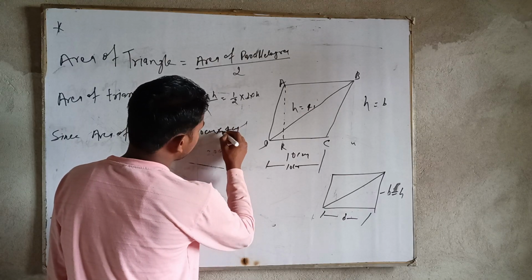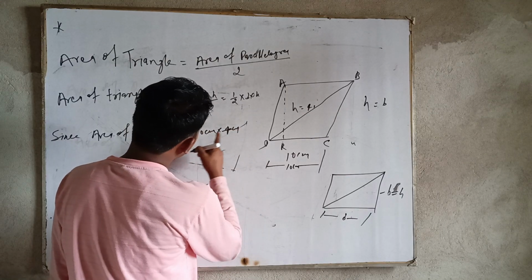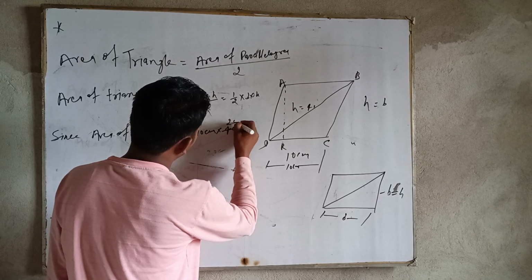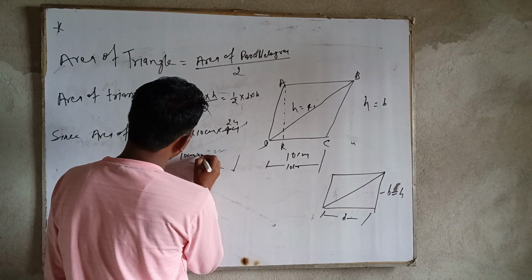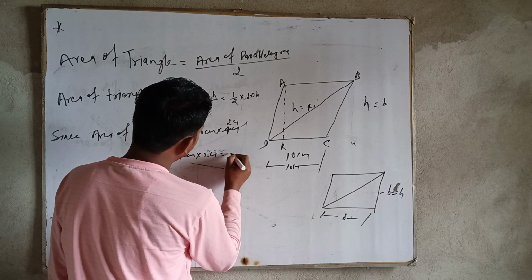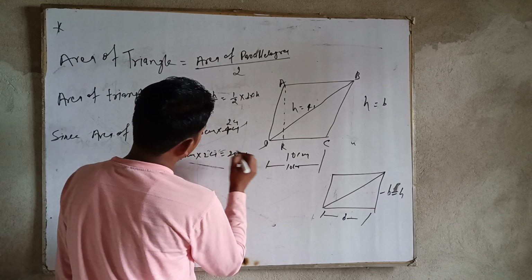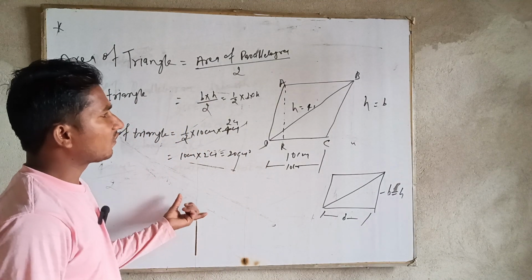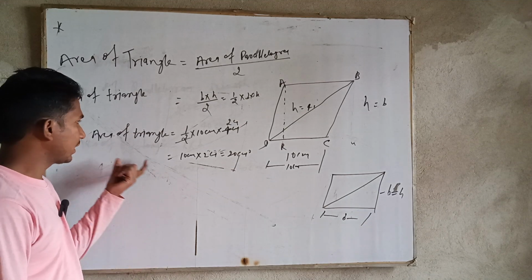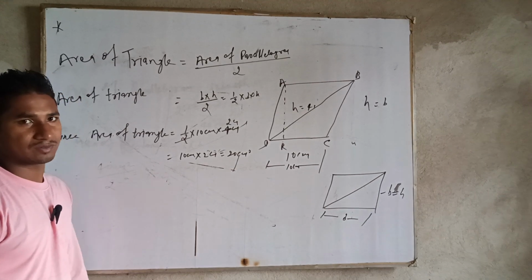That means 2 2s are 4, 4 centimeter. It means 10 centimeter cross 2 centimeter, it will be 20 centimeter square. So by this process we can find the area of a triangle.